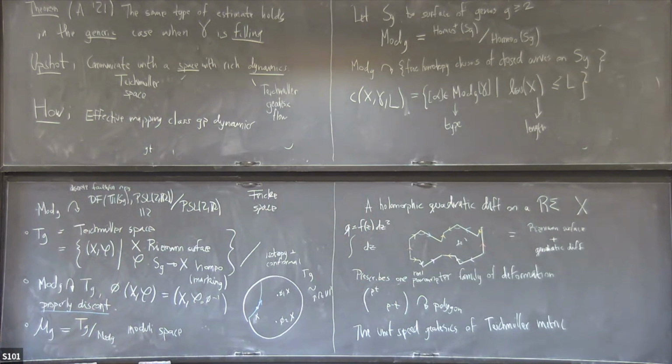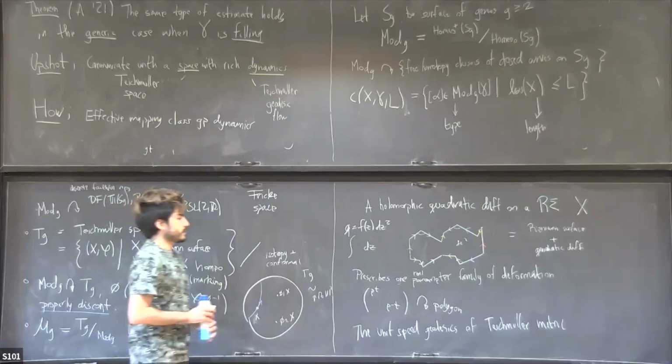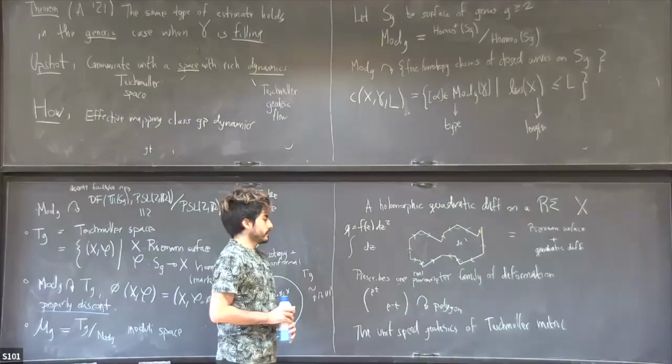Any other questions? What's that action in terms of the action on the global sections of omega squared that you just wrote down? You have this action on holomorphic differentials. What is it analytically?